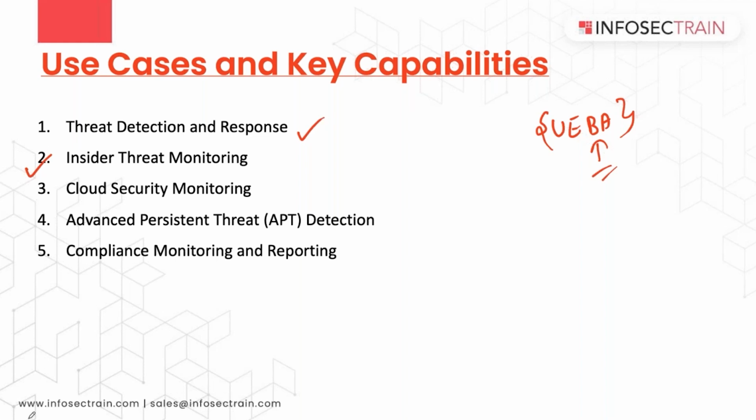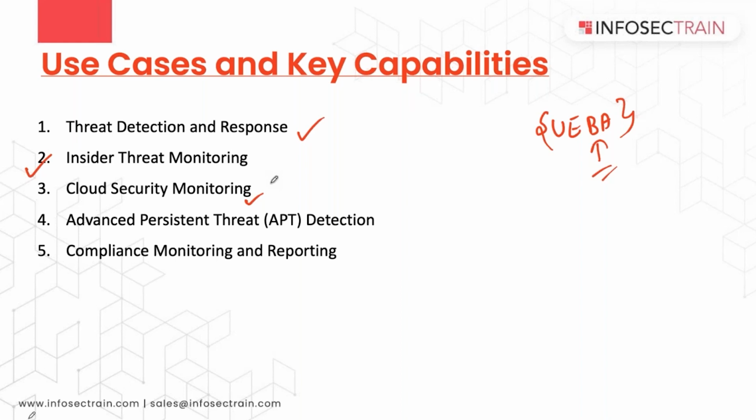Then cloud security monitoring. As more organizations are embracing cloud computing, securing those environments becomes crucial, and Sentinel integrates with cloud platforms such as Azure and can monitor your cloud resources, virtual machines, servers, and services for security threats.